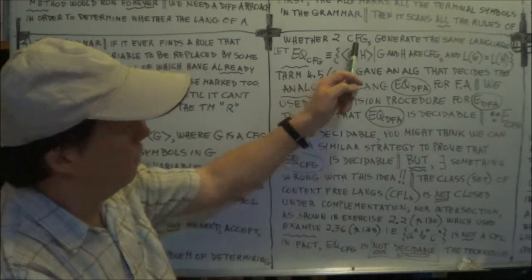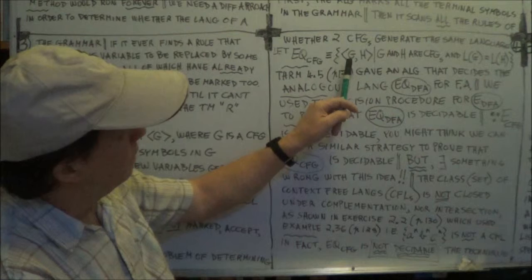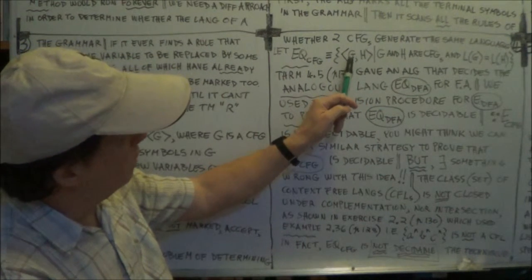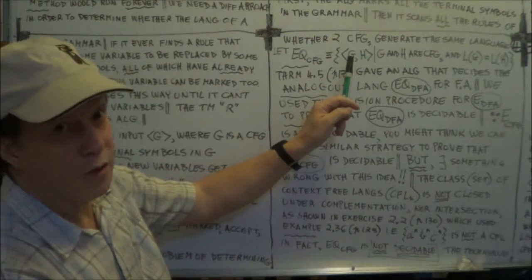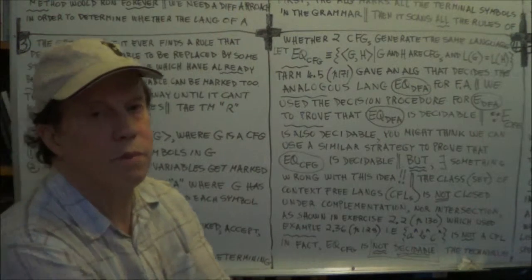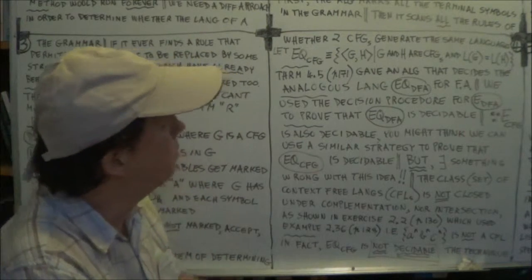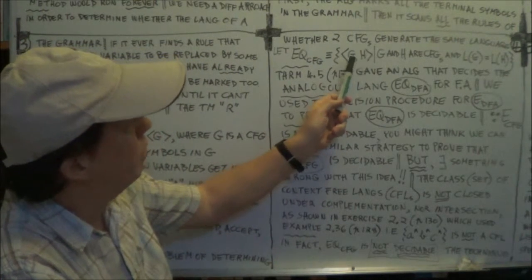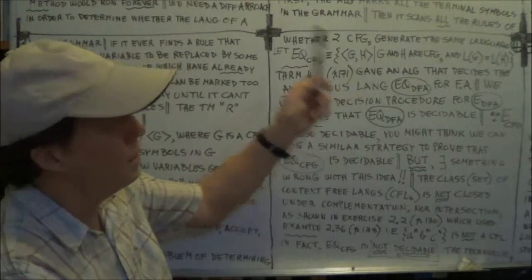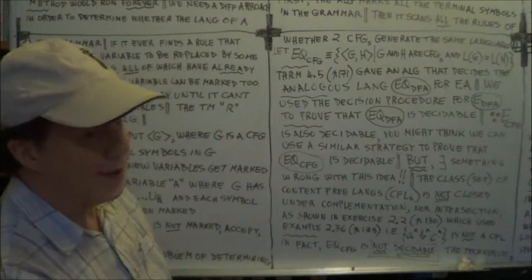The strings in this language are encodings of the details, the definition if you like, of two grammars: all the substitution rules, the set of terminals, the set of variables, and so on. All the details you need about these two context-free grammars, G and H. All that information goes into the Turing machine, and the Turing machine is to decide.